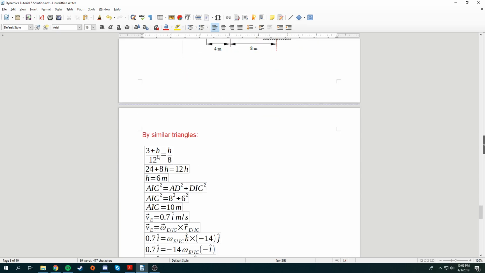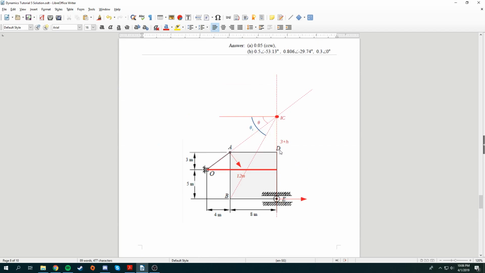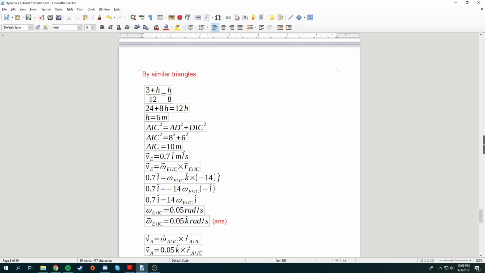That's why it's 3 plus H over 12 equals H over 8. You just manipulate the equation and solve for H, and H will be 6 meters. So this is 6 meters. Very simple. You also need to find AIC. If you know this is 8 and this is 6, through Pythagoras theorem you can find AIC. I found out that AIC is 10 meters.